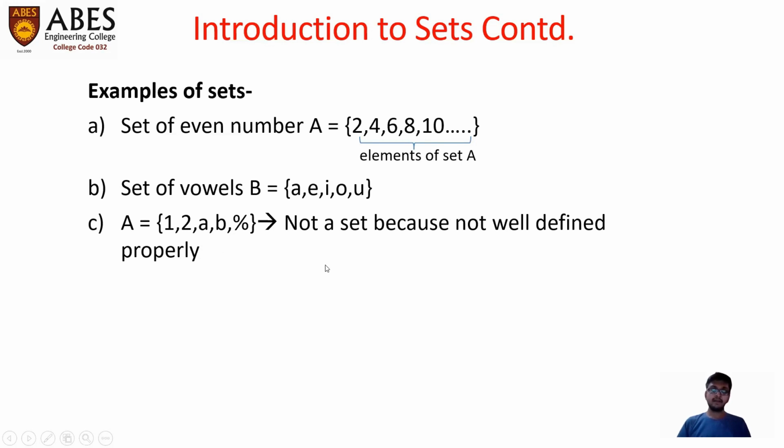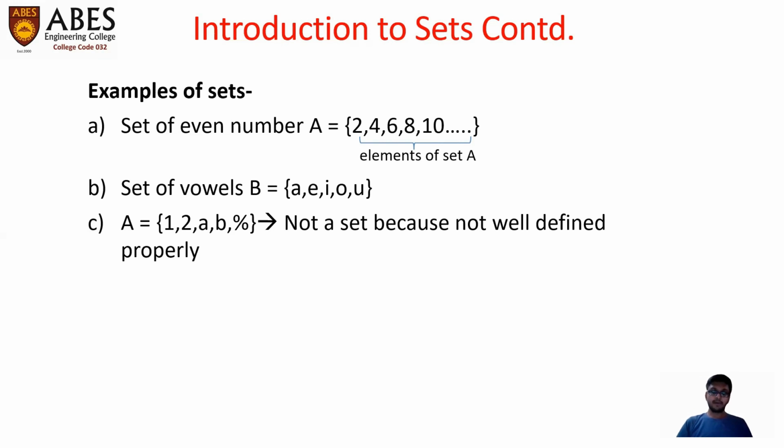As discussed earlier, a set should be well defined. Here I see that the elements present are mixed up, a mixture of different categories of elements: 1 and 2 are numbers, a and b are alphabets, and percent is a symbol.